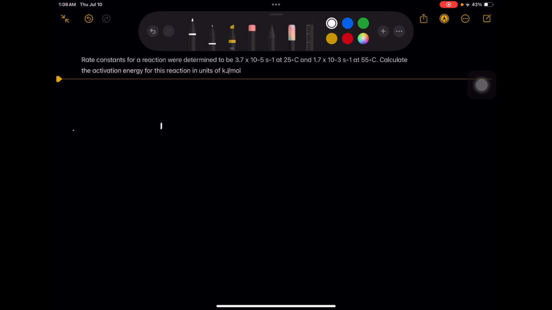So using the formula that we derived from the Arrhenius equation, ln of K2 over K1 equals negative EA over R times 1 over T2 minus 1 over T1. If you want to calculate the EA, we have to make it alone.